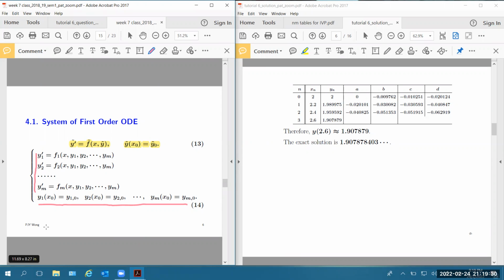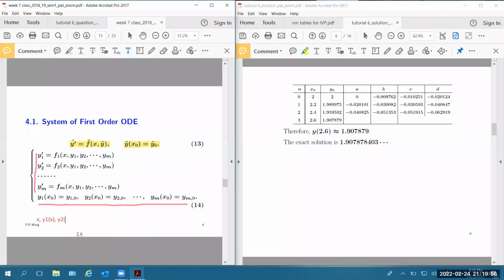Here we are not just having one y. Previously we only have x and y, right? But here we are having x. X is still our independent variable. But then we got y1, so y1 actually depends on x. Previously you only have y, but now you have y1.